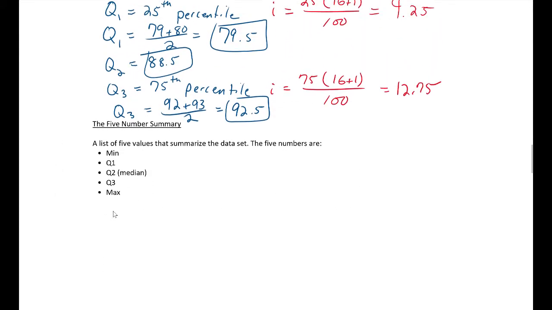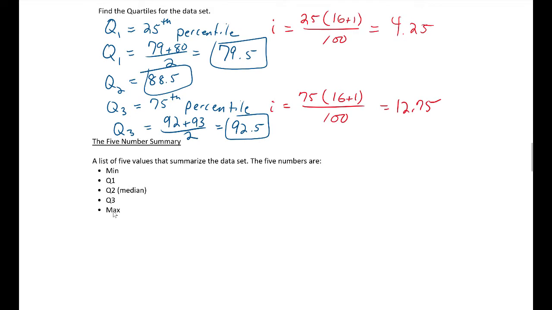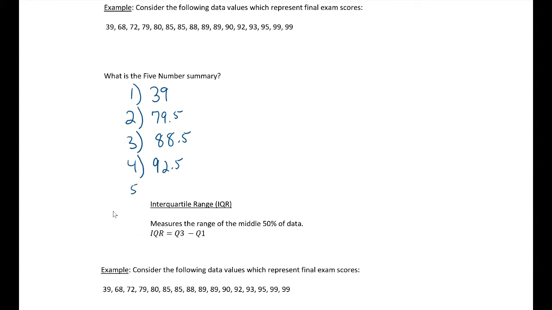The fourth number is your third quartile. I don't remember that. That was 92.5. And then finally, our 5th and final number, the 5-number summary, is the maximum, which happens to be 99. Okay? So, that's your 5-number summary.